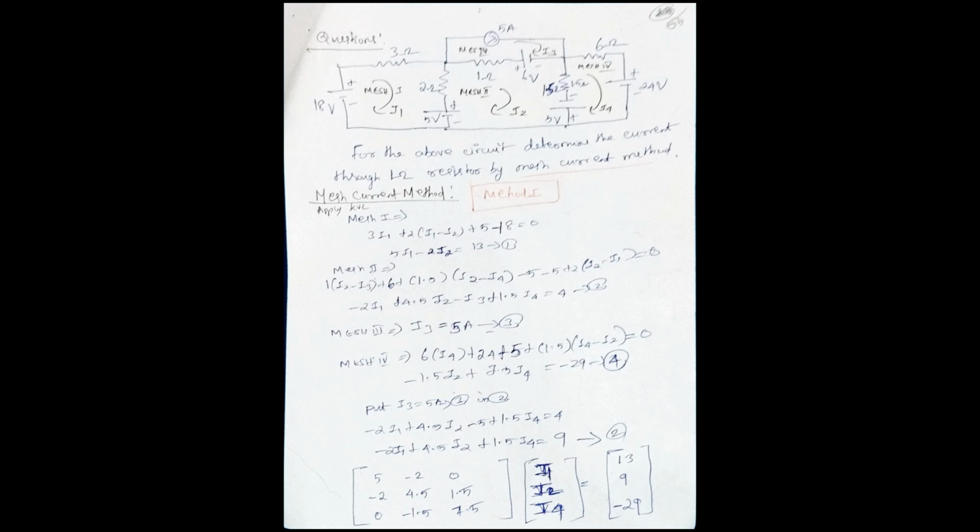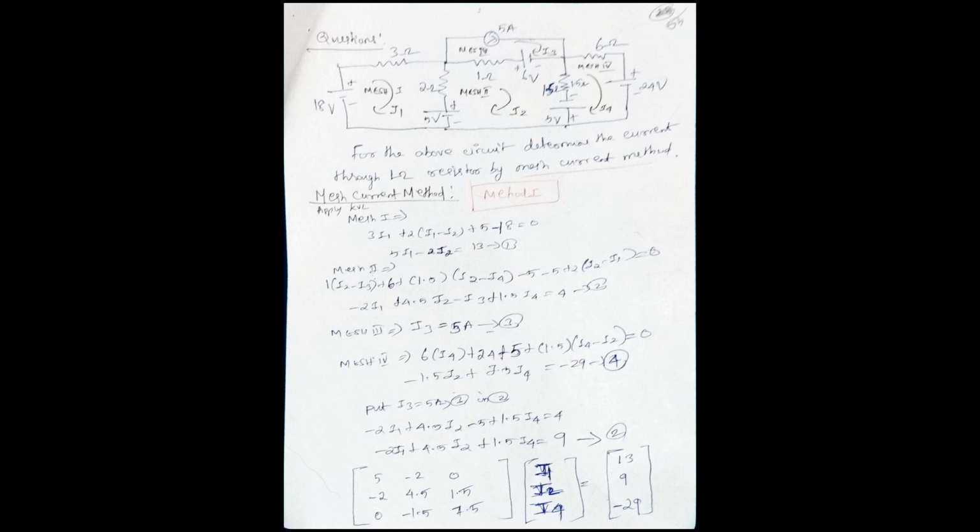Mesh 4 contains a 6 ohm resistance, a 24 volt source, a 1.5 ohm resistance and a 5 volt source. We write the equation 6I4 plus 24, dropping voltages are plus, plus 5, plus 1.5 into (I4 minus I2).